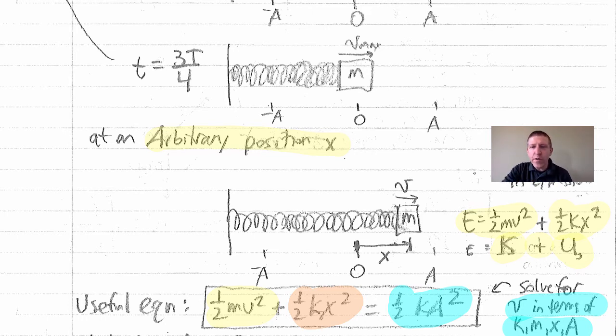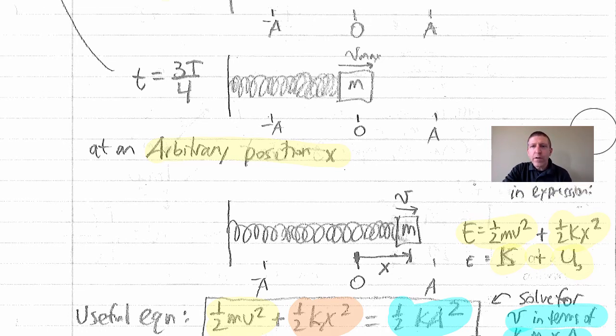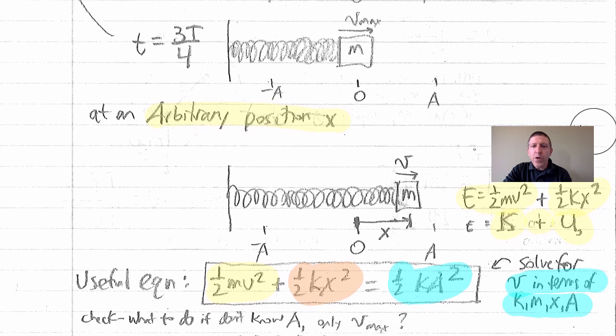Now, let me ask you this. What would you do if you don't know what the amplitude is, but you do know v max? How could you make a similar relationship if you don't know the amplitude, but you know what the maximum speed is?